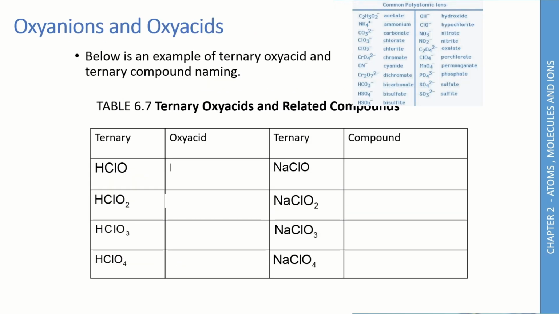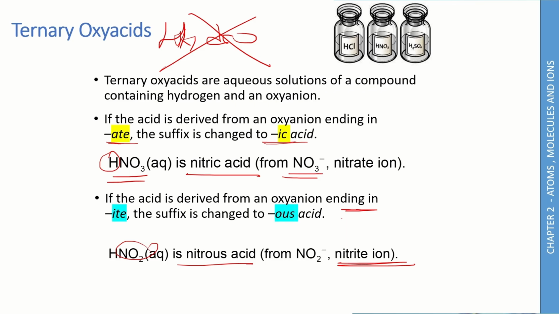When you have polyatomic ions, we're going to use the name of the polyatomic ions. Look at this. Hypochlorous acid. Chlorous acid. Remember, ic, ATE. Let's get back over here. ATE is ic, right?